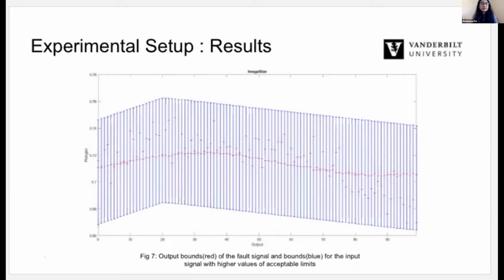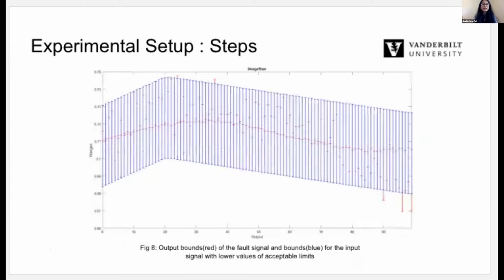In this case, we can see that for every instance the upper and lower bounds are within the acceptable limit. So this signal would be permissible to pass to the controller, and it should be safe to do that.